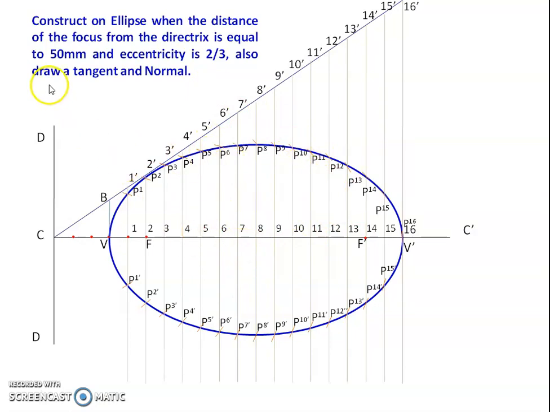Now you have to draw the tangent and normal. Normally some problems give a distance for the tangent, but in this problem no distance is given.